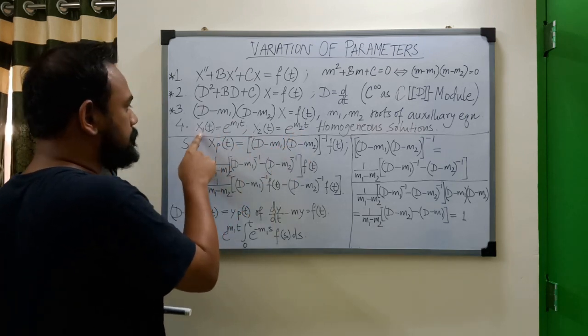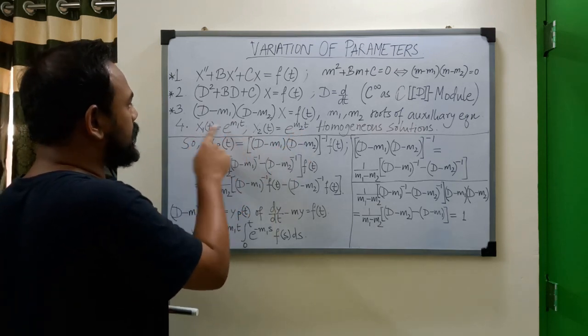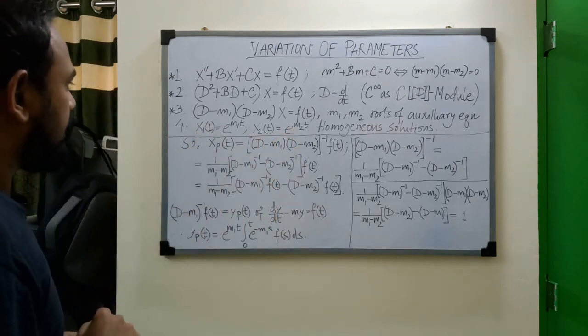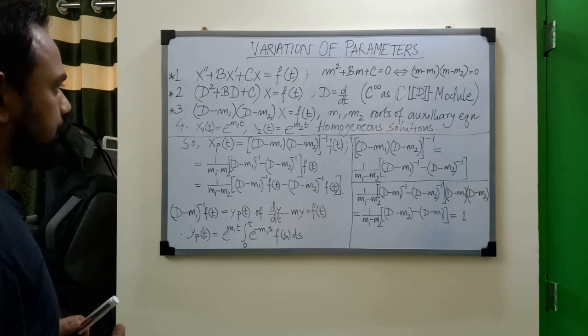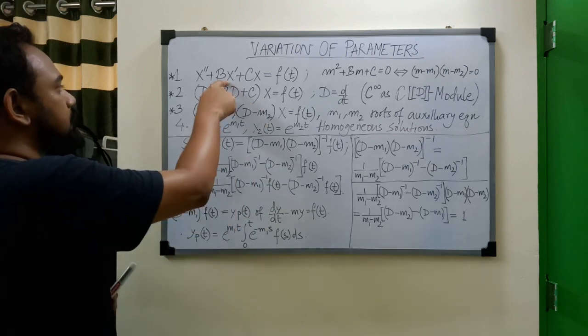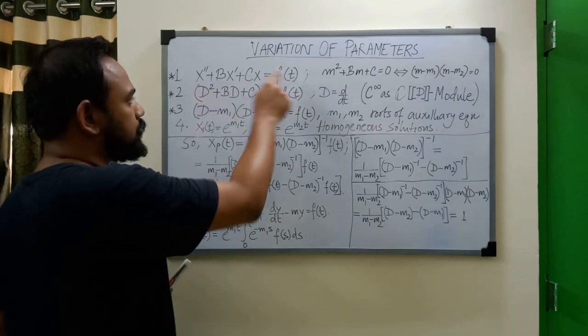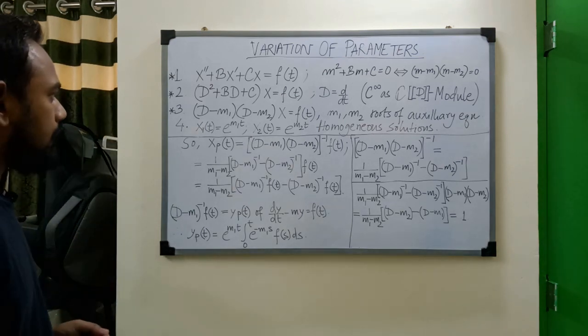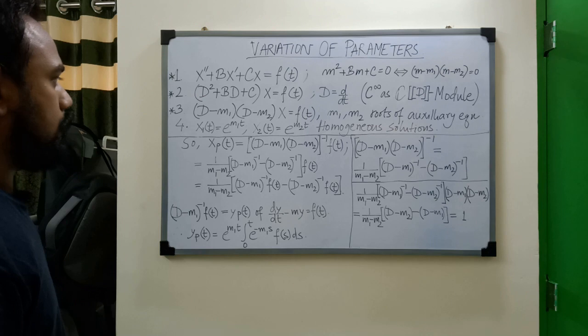Let's give them names. The one with m1, I'm calling x1. The one with m2, I'm calling x2. So these are the two homogeneous solutions of the homogeneous part of this equation, with 0 on the right hand side.